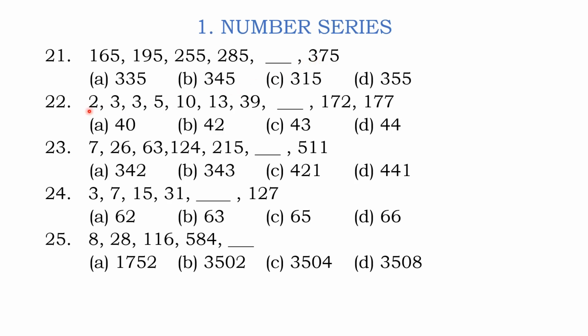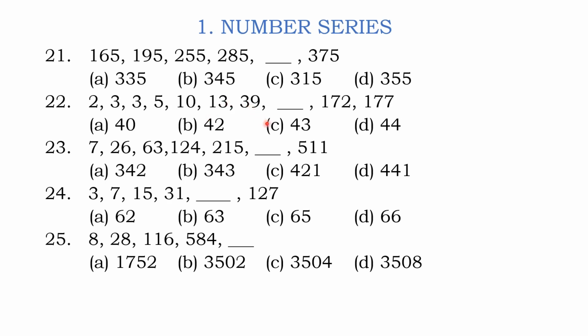And moving on to the next problem, we have 2, 3, 3, 5, 10, 13, 39, blank, 172, 177. Here it also follows some logic like this. 2 and 3 differ by 1, 3 into 1 is 3, 3 and 5 differ by 2, 2 into 5 is 10, 10 and 13 differ by 3, 3 into 13 is 39.